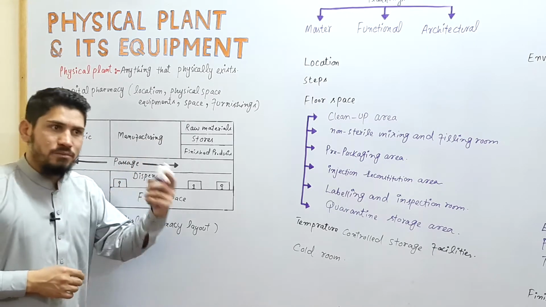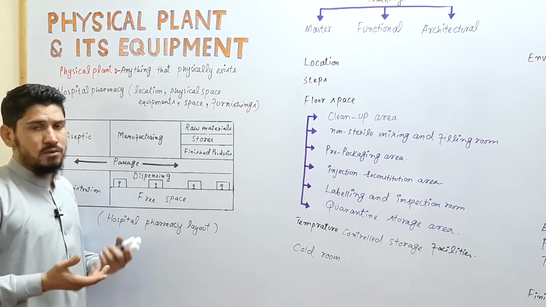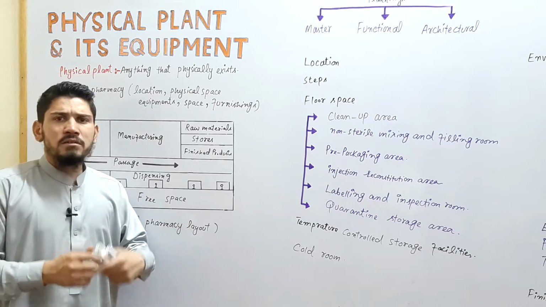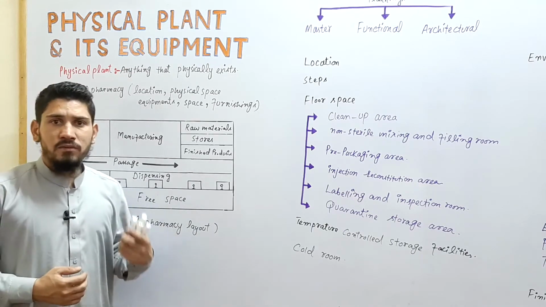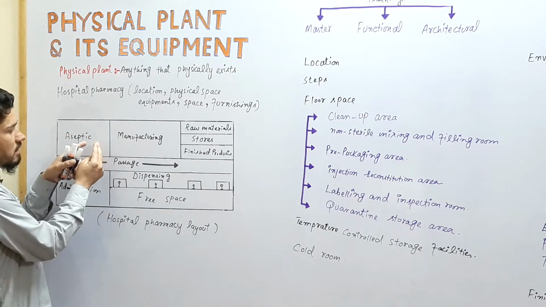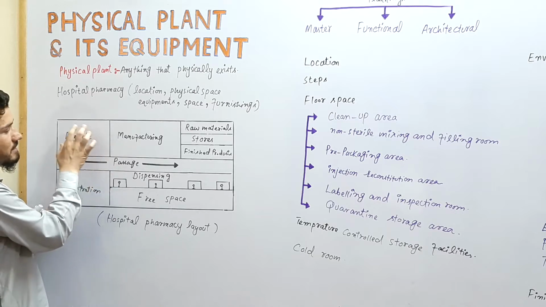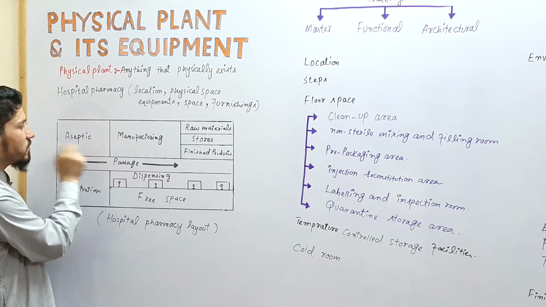We call them as extemporaneous preparations or non-sterile preparations, like tablets and ointments. If we talk about the sterile preparations, manufacturing, such as in sterile, we have like injectables and ophthalmic solutions. So we prepare them in another section we call as aseptic section. So that is adjacent to the manufacturing section.